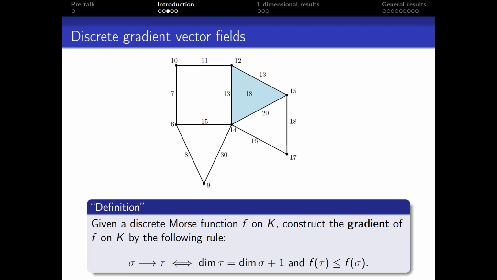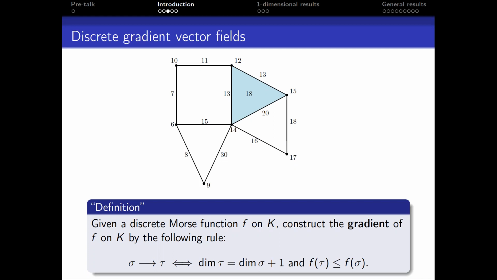We also have several edges here, 1, 2, 3, 4, 5, 6, 7, 8, I think, and we have one 2-cell that is a face. And you decorate those cells with numbers, and those numbers have to satisfy the two conditions that I gave.